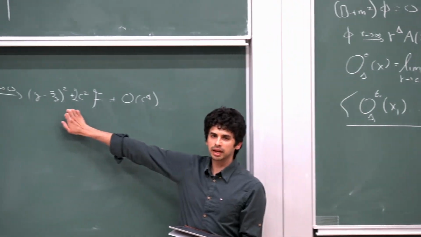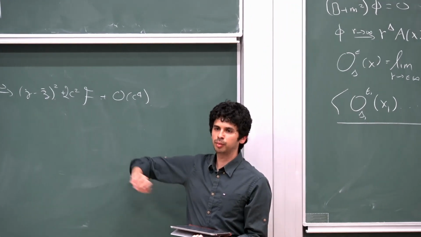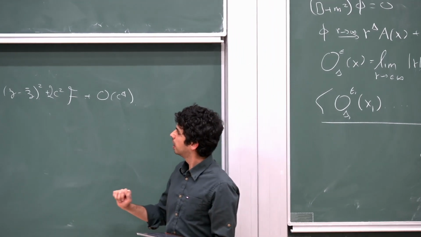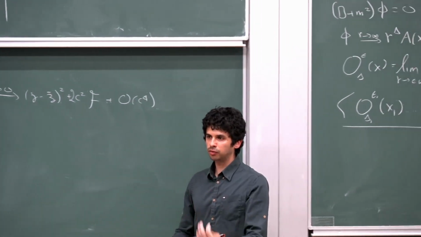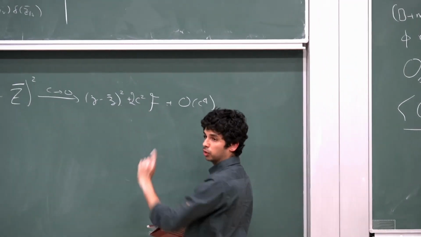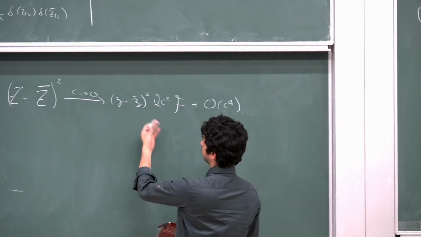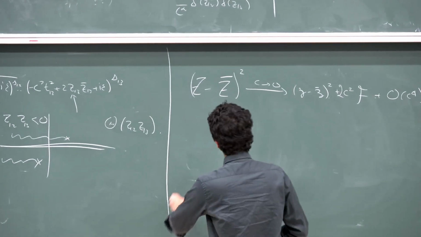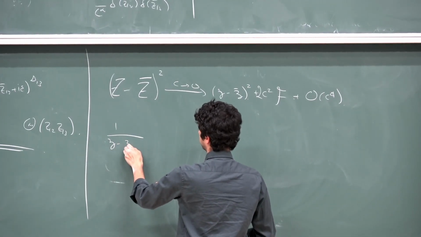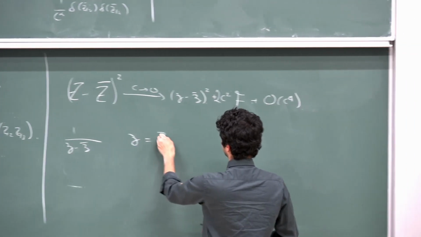And what you'll see is that you can Taylor expand this in Mathematica and you get something like this. And so on arbitrary configurations where Z minus Z bar is not 0, if you now take C to 0, you will just end up with a simple pole which looks like 1 over Z minus Z bar, where Z is the 2D cross ratio.